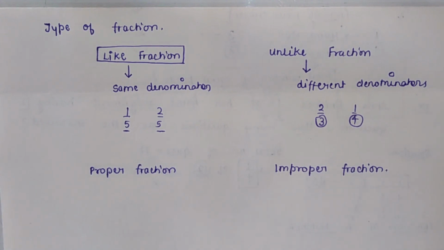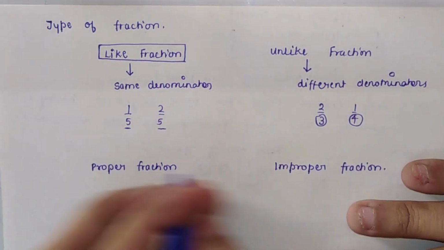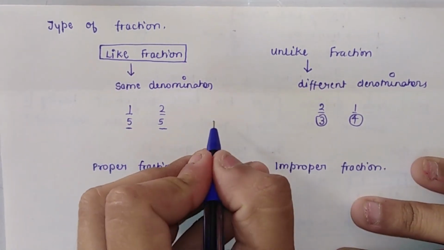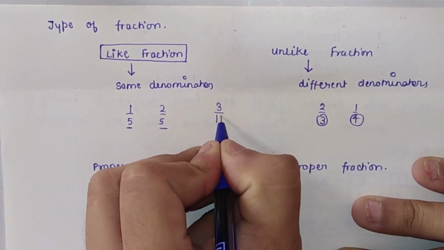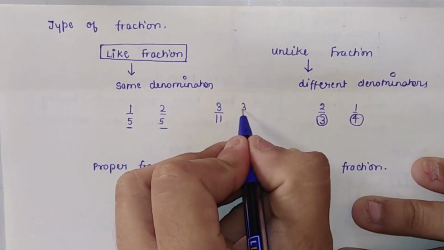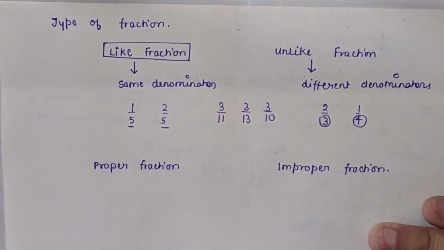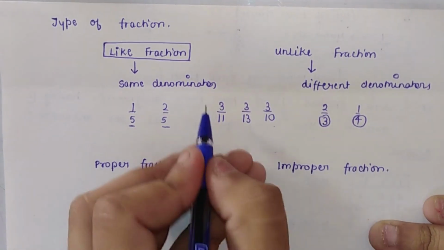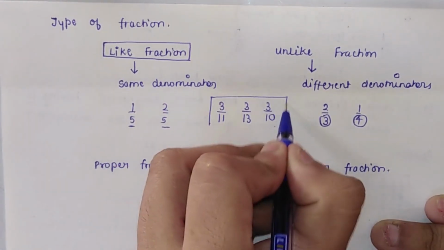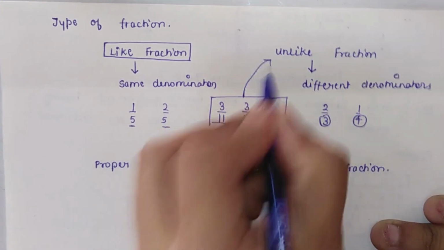There are plenty of questions we can also do. Suppose I give you 3 fractions, you have to tell whether they are like fractions or unlike fractions. For example 3 by 11, 3 by 13 and 3 by 10. Now we can see their denominators are different, so they are unlike fractions, right?